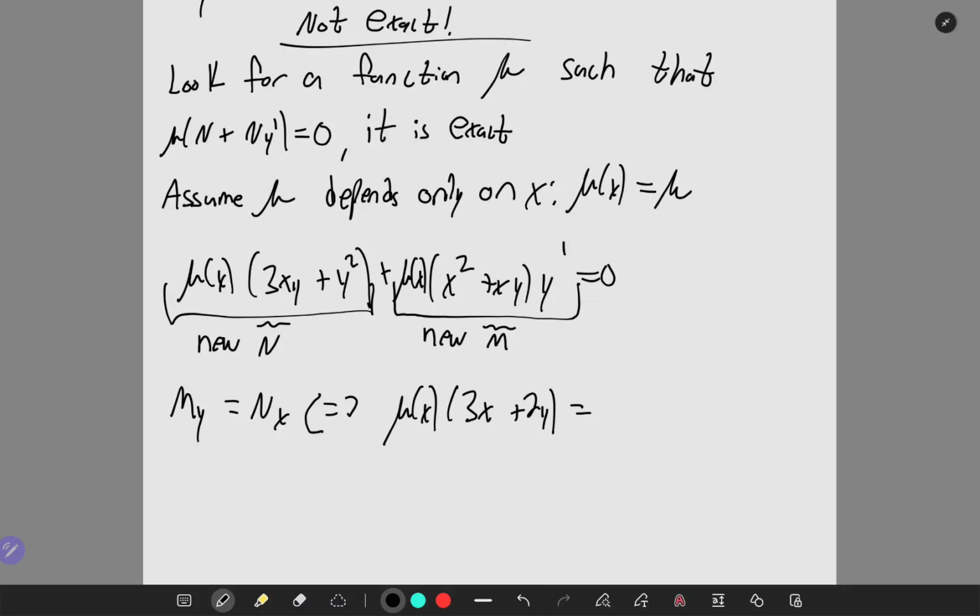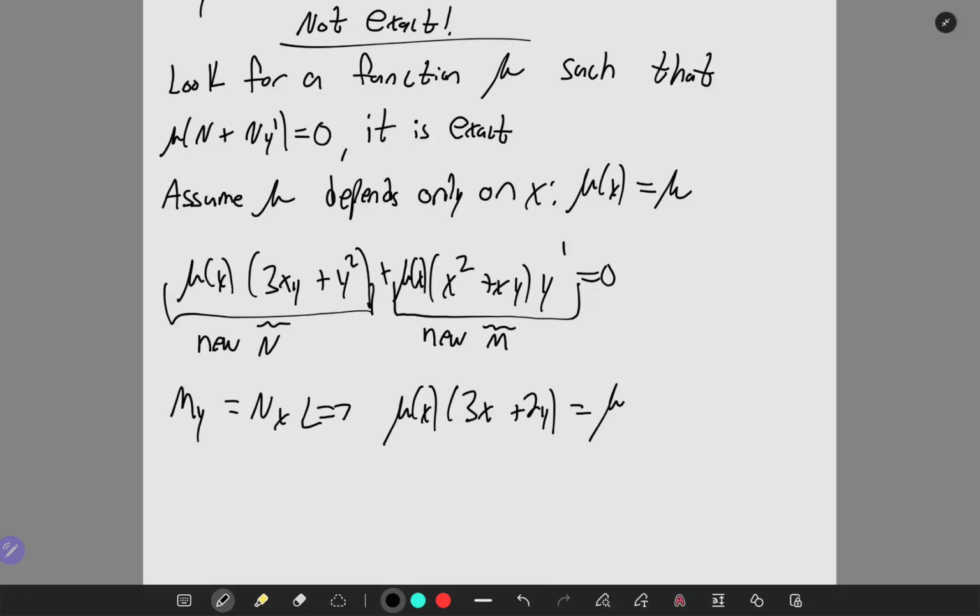Now, with respect to x, you see we have these mu of x's, right? So before, the mu of x acted as a constant for M of y. For N of x, we're going to have mu prime. We basically have to do the product rule for this.